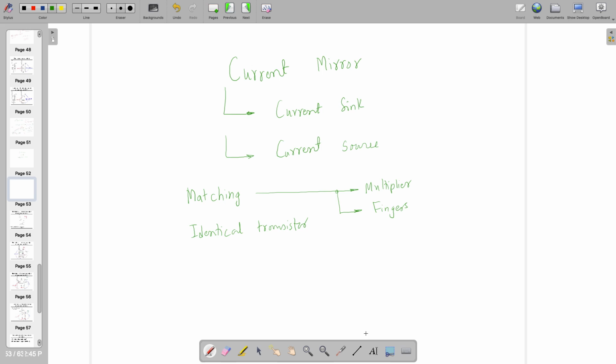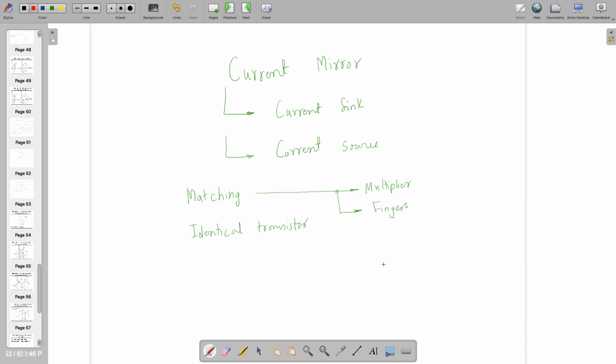Generally, in the industry, people use multiplier just to make sure that there is a possibility to add more transistors afterwards if they need, or use fingers. Fingers have an added advantage of a smaller periphery and area, which you can find out by simply looking at the width and the length of the overall transistor, and they are going to overlap each of the fingers, where each gate is acting as one finger. And in multiplier, those number of transistors are in shunt. Similar thing is happening in finger.